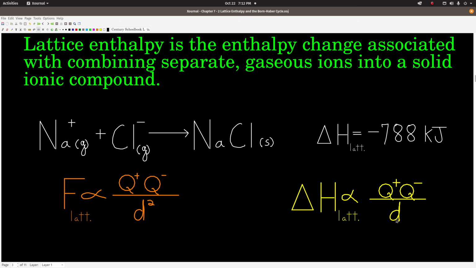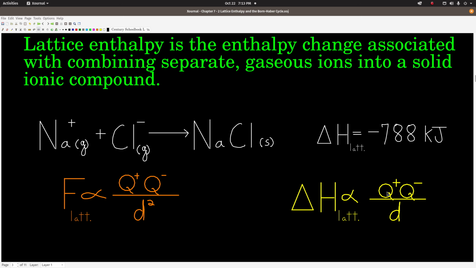It works pretty well. And in this equation, by the way, if you choose the constant of proportionality carefully, then you can use just the integral charges, plus 1, minus 1, plus 2, minus 2, etc., which is what we do.